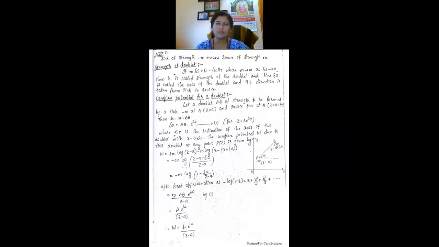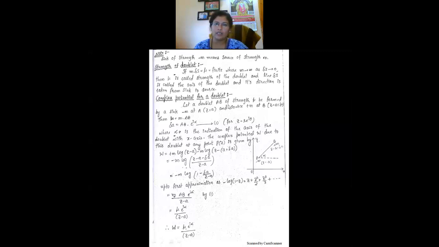In this diagram, the source is placed at point B, so its strength is m, and the sink is placed at point A, so its strength is minus m. So your flow direction is from A to B. As I said, for the doublet, the direction should be from sink to source.